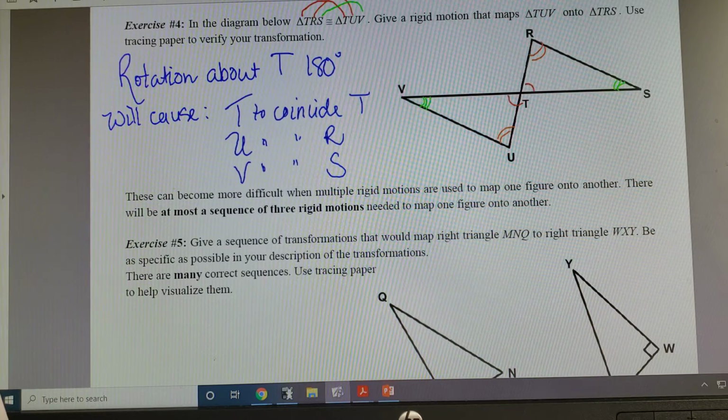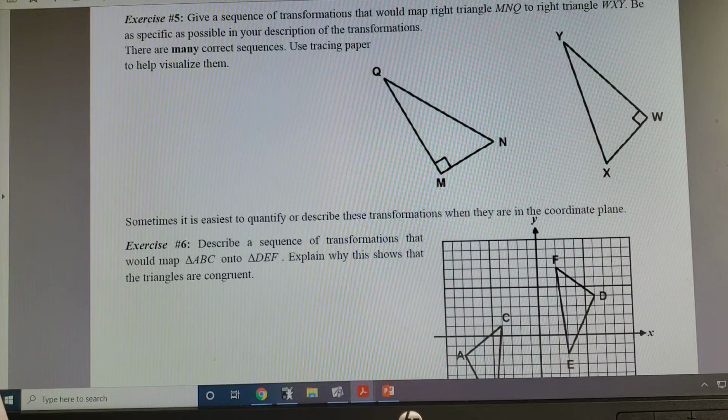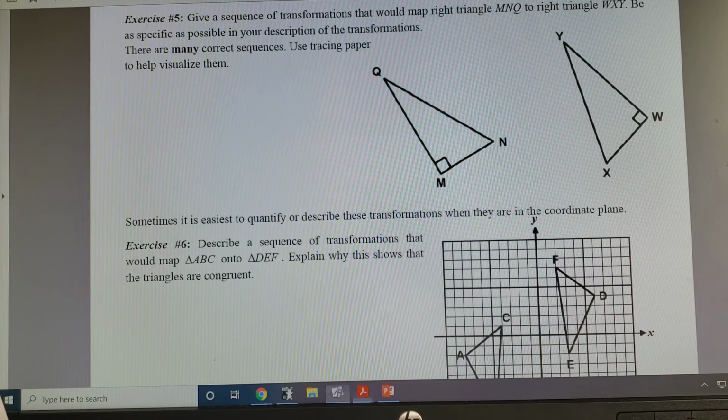So exercise 5 says, give a sequence of transformations that would map right triangle MNQ to the right triangle WXY. Be as specific as possible in your description of the transformations. Now before we go any farther, Casey, I'm going to do what I've been doing for the last 2 problems. I'm going to match up the angles.